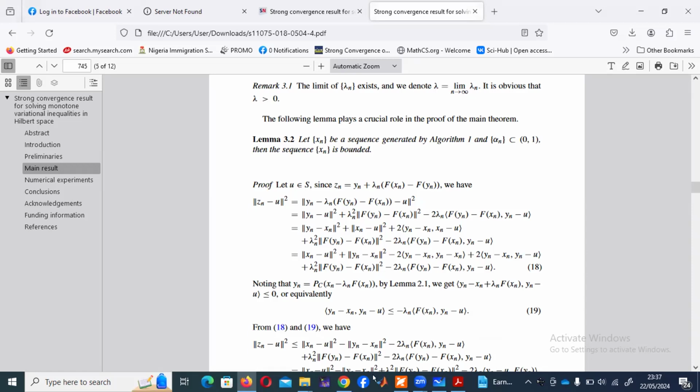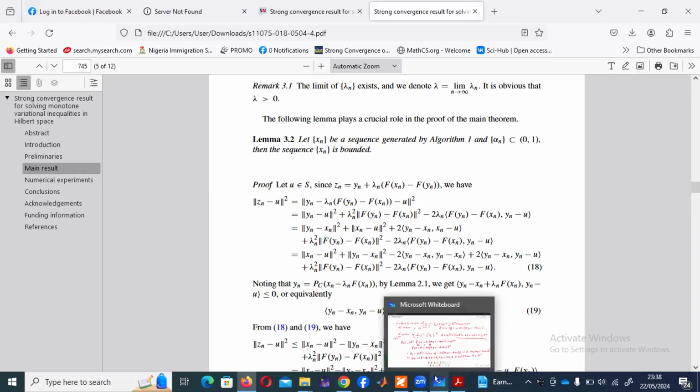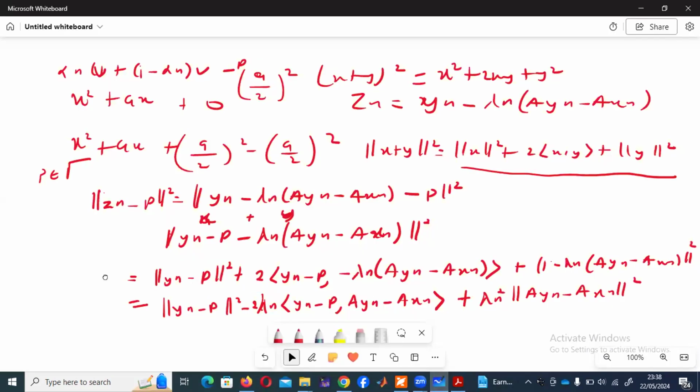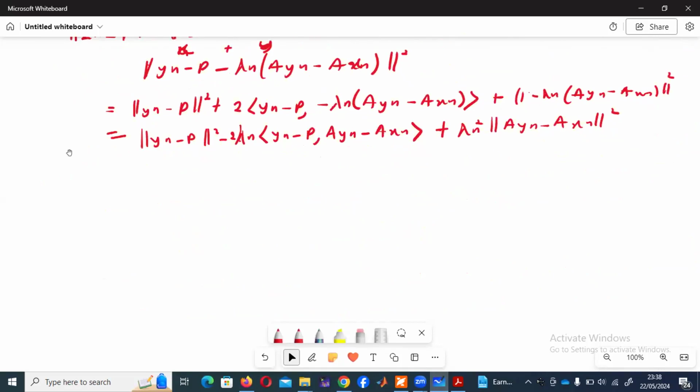Let me show you how that is done. If I add Yn and Xn to this, I'm going to have Yn minus Xn plus Xn minus P, all squared. The same thing.